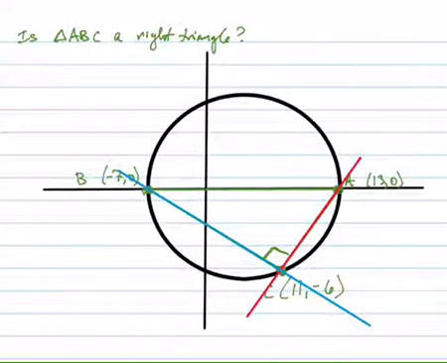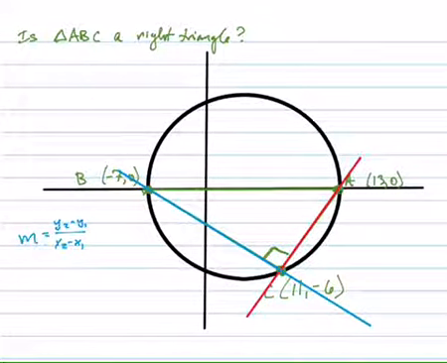And so how do we do that? Well, we have to find the slopes of the lines. So the slope of this blue line here, I'll do this in blue, is going to be m equals the rise over run, y2 minus y1 over x2 minus x1. We'll use this as our first point, and C will be our second point.